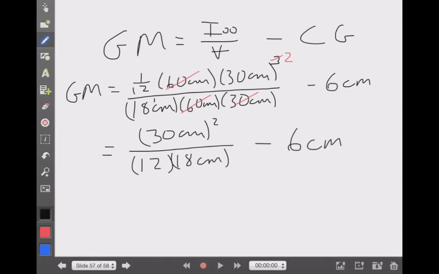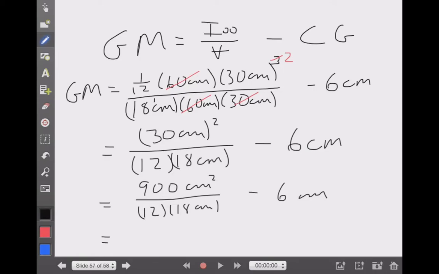What we get is 900 centimeters squared divided by 12 times 18 centimeters, minus 6 centimeters. This quantity is in centimeters, and it turns out that it equals 4.167 centimeters minus 6 centimeters.